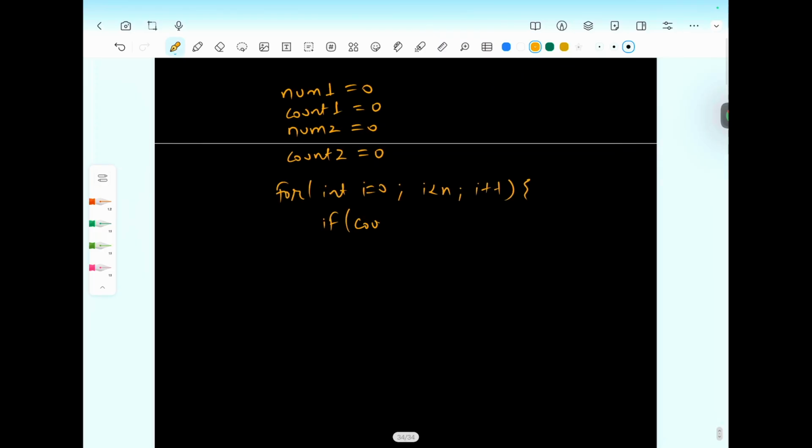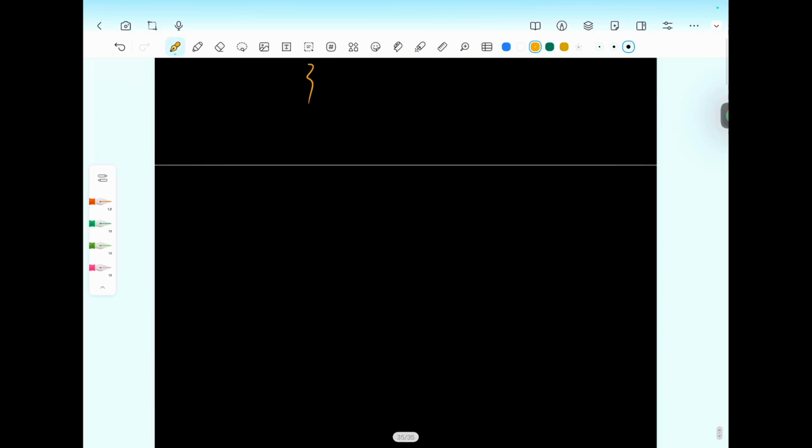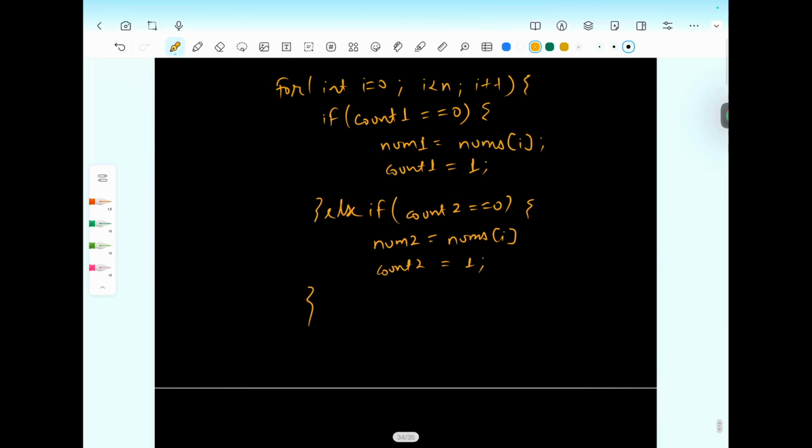Then we check if count1 equals 0. That means we will update our num1 with nums of i, and count1 will become 1, because it is the first time. Else if count2 is 0, we will update our num2 and count2 will become 1. So these both conditions are for when your count is 0.